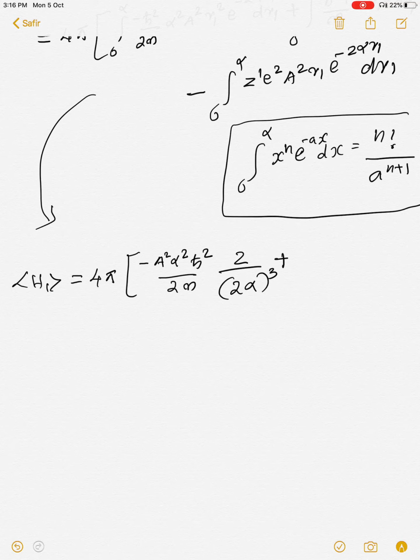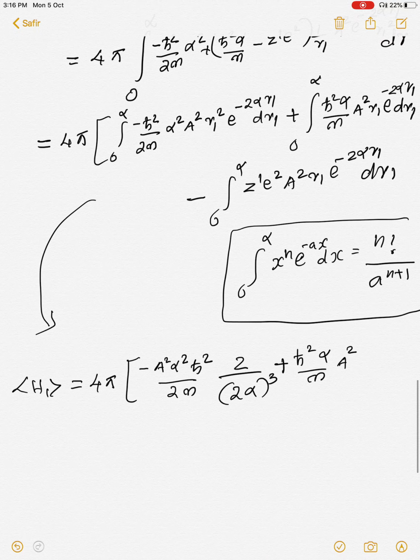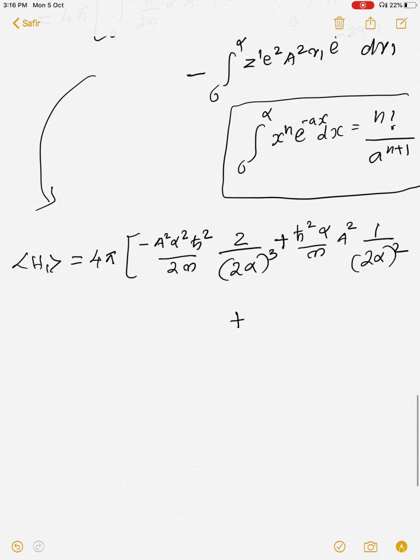So that is one term. The second term has the constants h cut square alpha by m a square. Here also it is the same standard integral, r raised to 1 e power minus 2 alpha r1, so it is in the form of x raised to n with n equal to 1. So that is equal to 1 factorial by a, with a equal to 2 alpha, so 2 alpha all square. That is the second term. What is the third term?